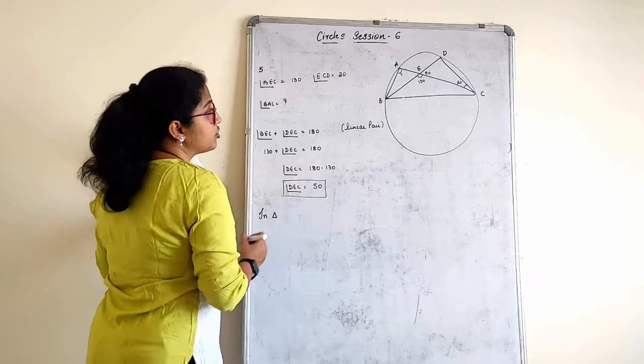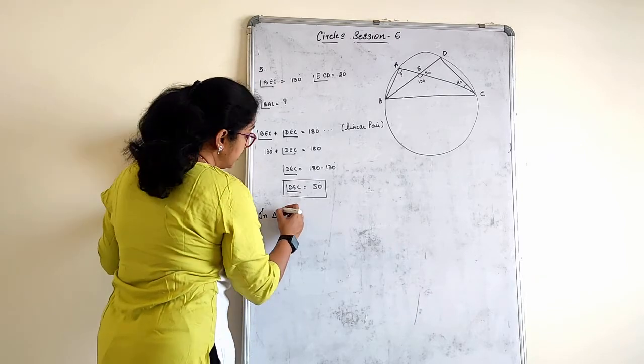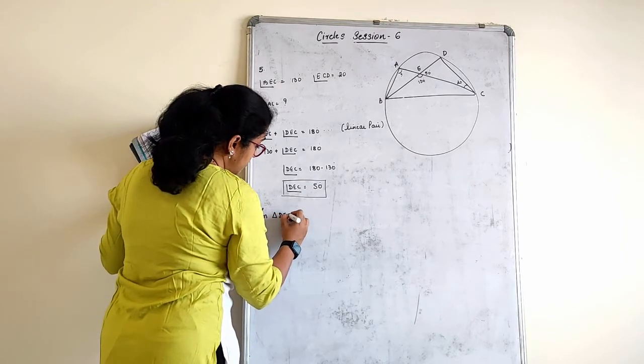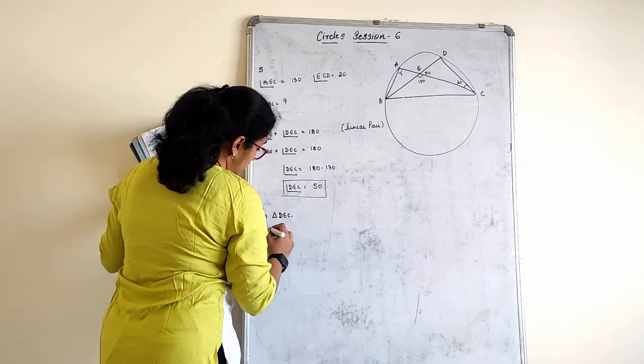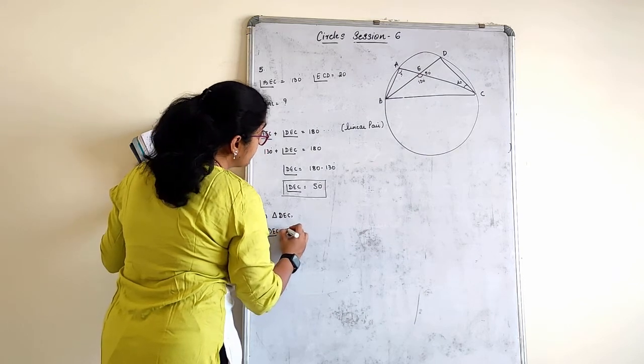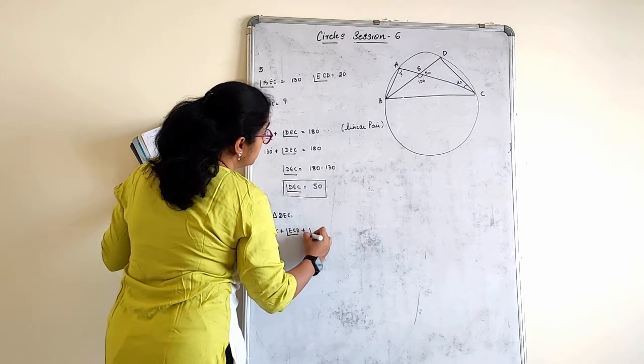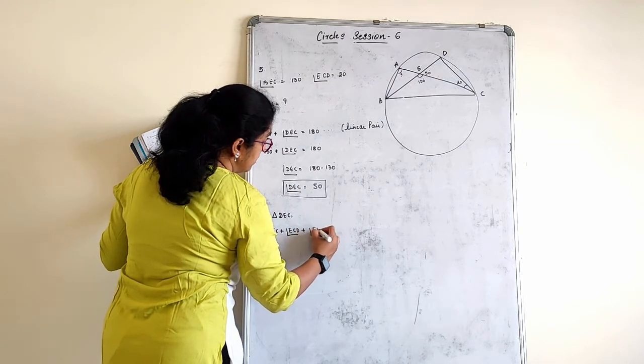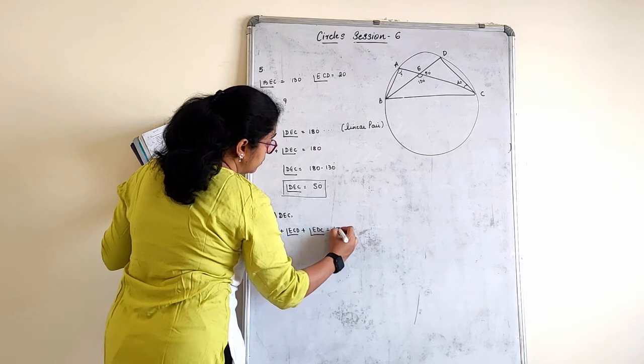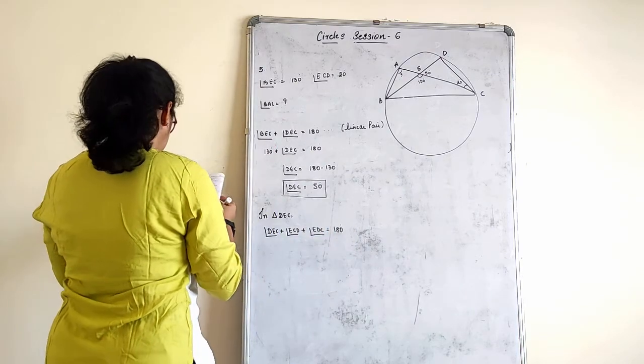Always mention which triangle you are referring to. In triangle DEC, angle DEC plus angle ECD plus angle EDC is equal to 180 degrees.